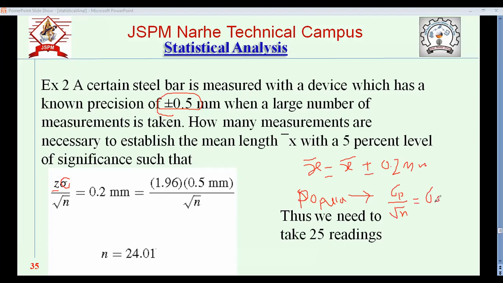Because plus minus this value, the variation, is nothing but Z into sigma. So sigma for the sample is sigma p divided by square root of n. N is the number of readings. In this way we do it.